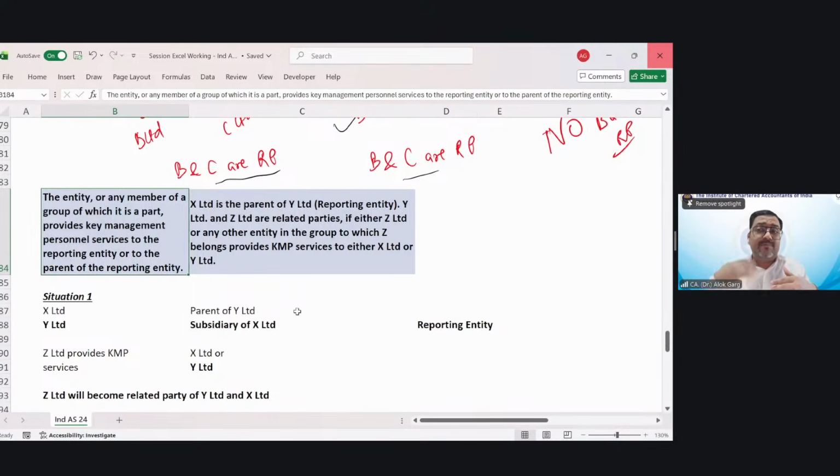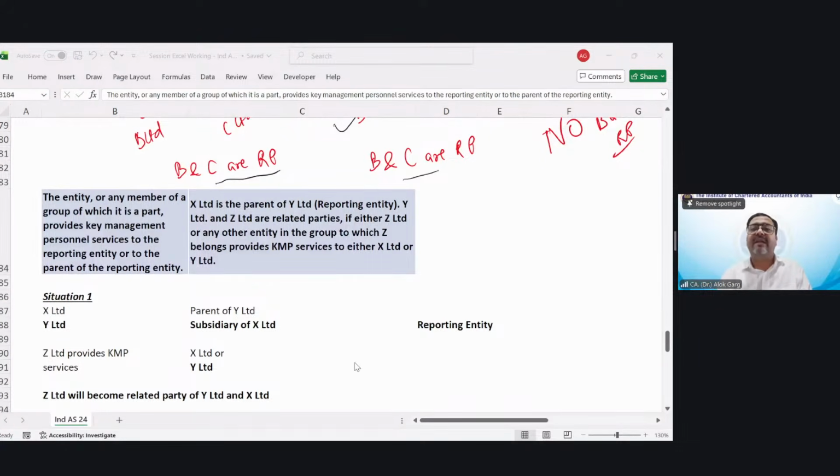Either the entity is providing, or the entity is part of a group and any member of that group is providing KMP services.